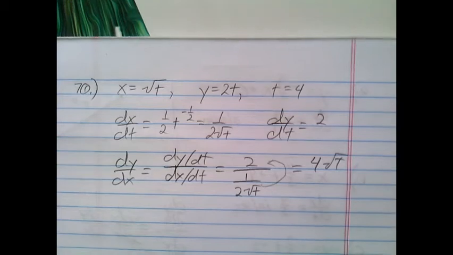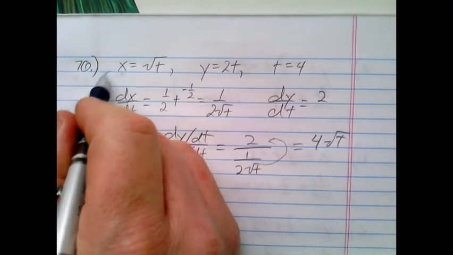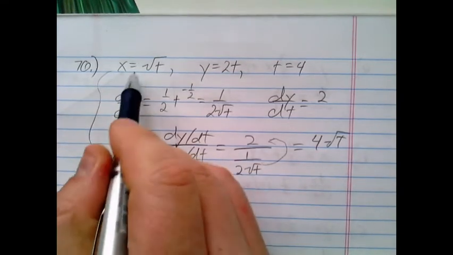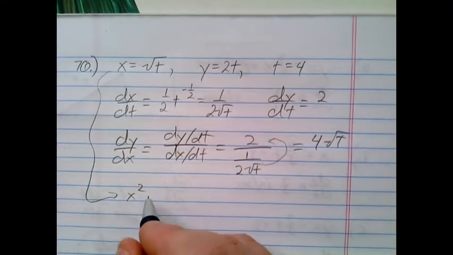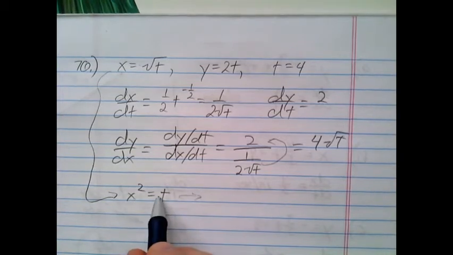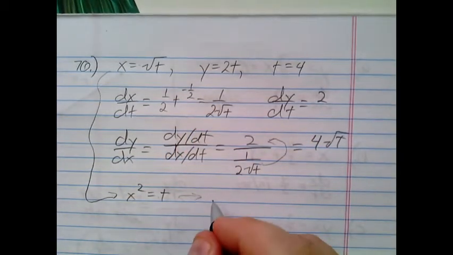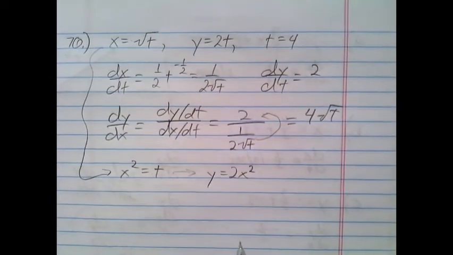But I do want to kind of show you something. We could have gotten it like this. We could have said, hey, if x is the square root of t, square both sides, x squared is t. But then, if x squared is t and y is 2t, well then y must be 2x squared. We could have combined the parametric equations to get a standard equation.